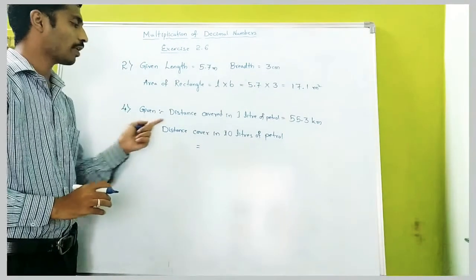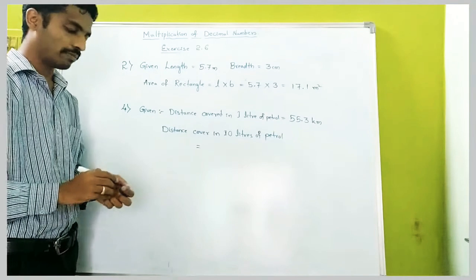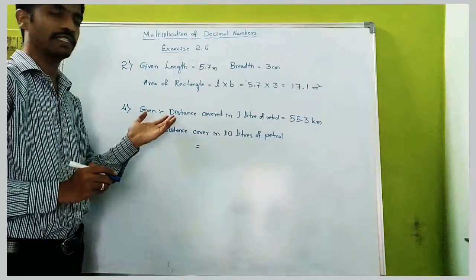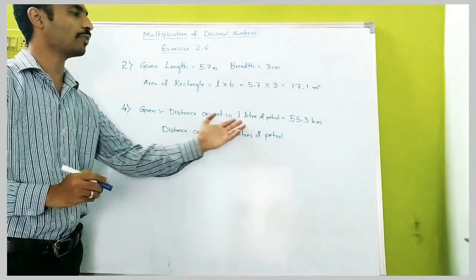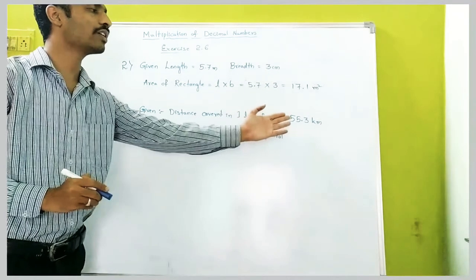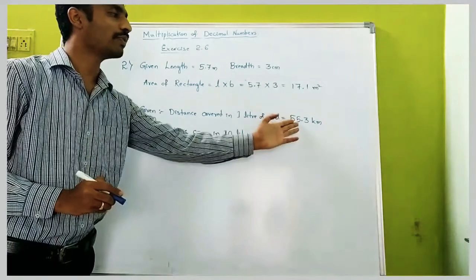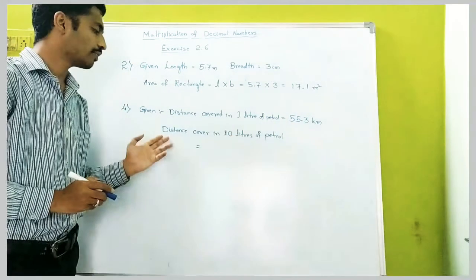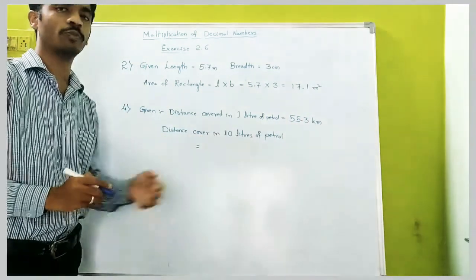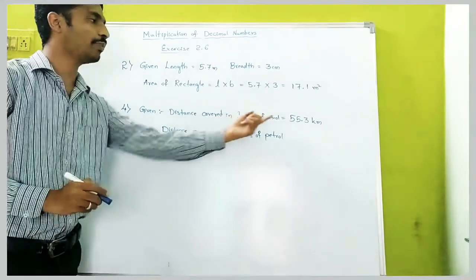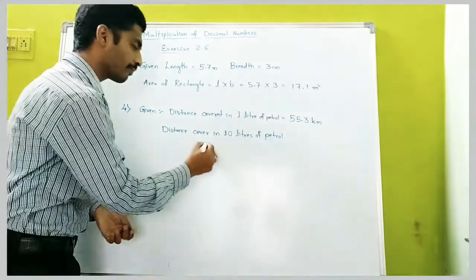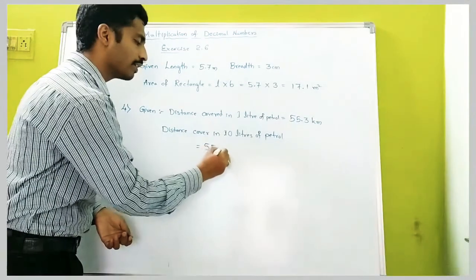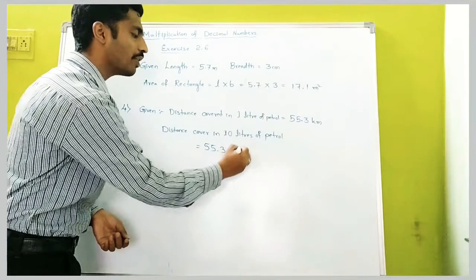Now the fourth problem, here a bike, a two-wheeler is there. It covers a distance in 1 liter of petrol. How much? 55.3 kilometer. Okay. So distance covered in 10 liters. How much? What do you have to do? For 1 liter, 55.3 kilometer is there into 10.